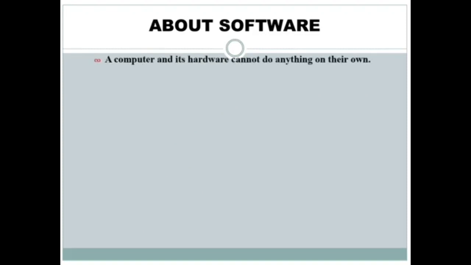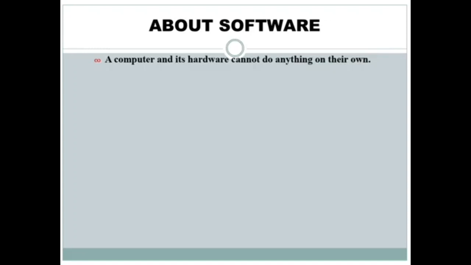The next one is about software. What is software? A computer and its hardware cannot do anything on their own. For example, the system is there, CPU is there, keyboard and mouse are there. Without giving any instruction, the system will not work.